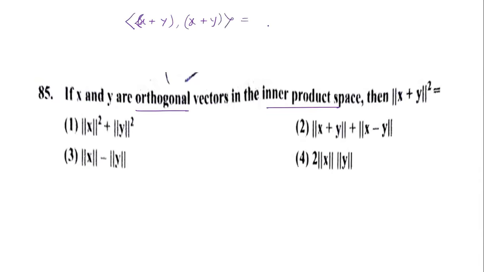We get norm of x square plus norm of y square, because here the inner product of x and y is equal to 0, and of y and x is also 0. Therefore, option A is the right answer for this question.